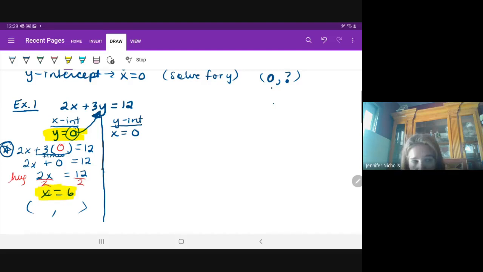And people who don't write in y equals 0 in my algebra 2 class, they always forget that they put in y equals 0, and so then they don't have the coordinate correct. So it's really, really, really important to put y equals 0. Okay. So what would the coordinate be? Which coordinate is first in an xy point? Would it be the 6 or the 0? It's alphabetical. Yes.